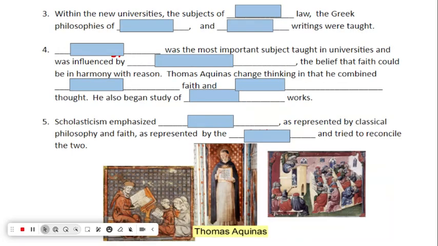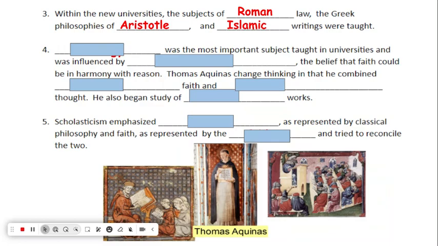So, other things that were happening on the lines of culture and art. Within new universities, subjects such as Roman law and Greek philosophies of guys like Aristotle were being taught, along with Islamic writings as well.